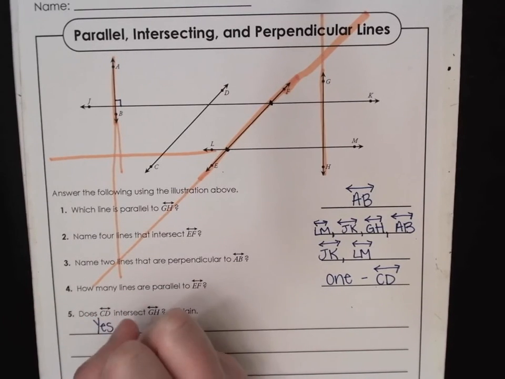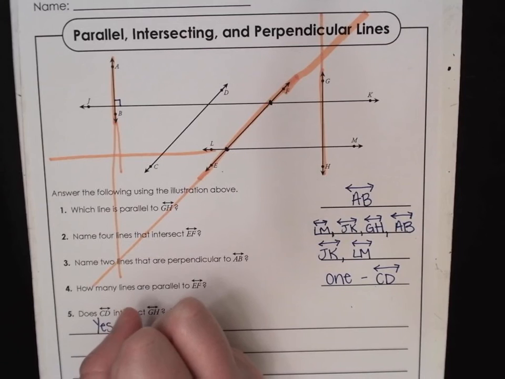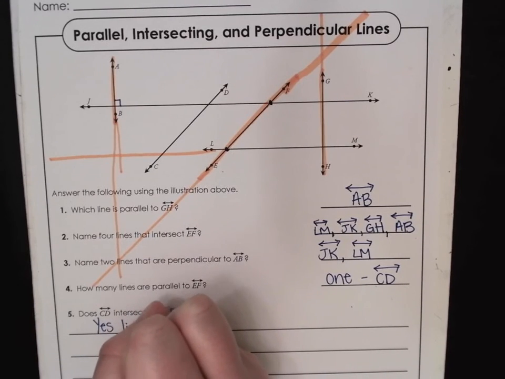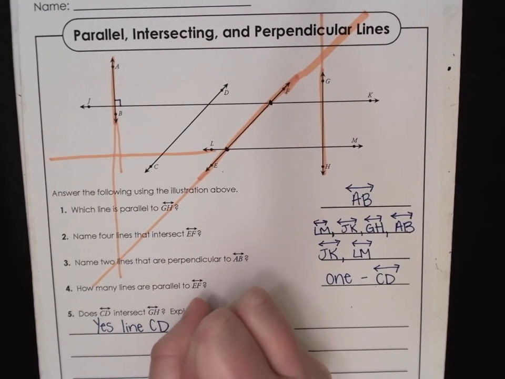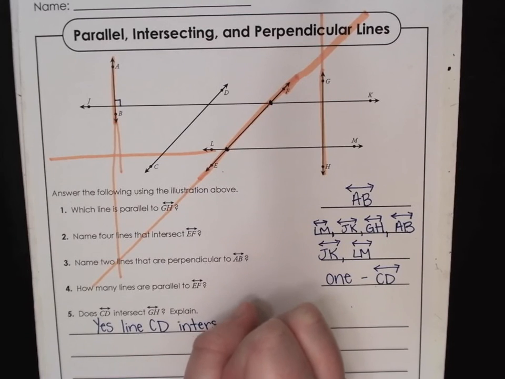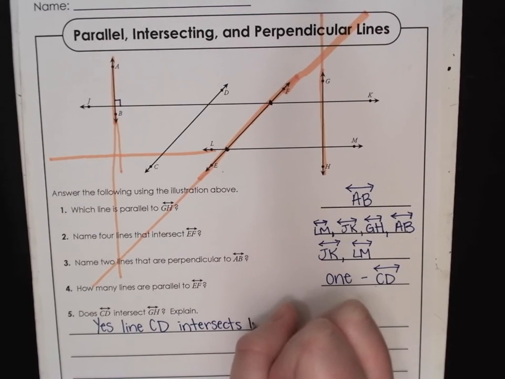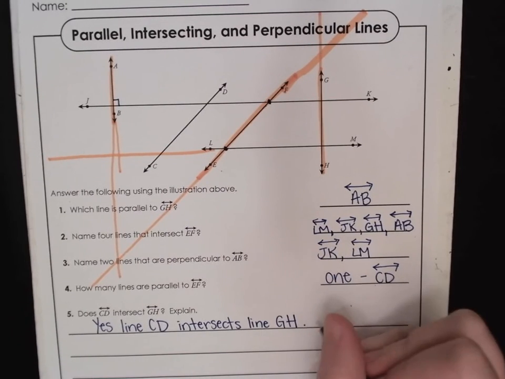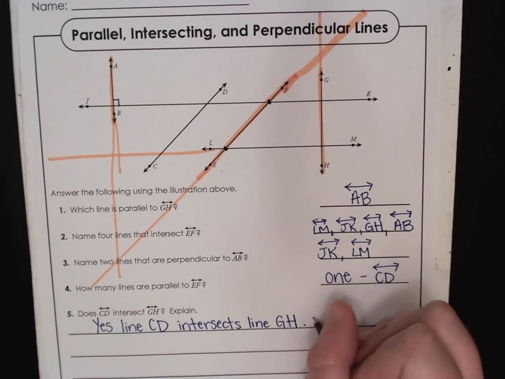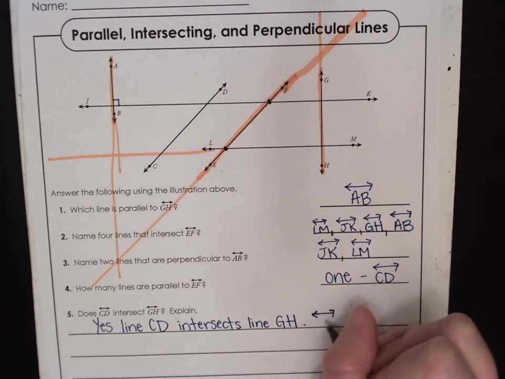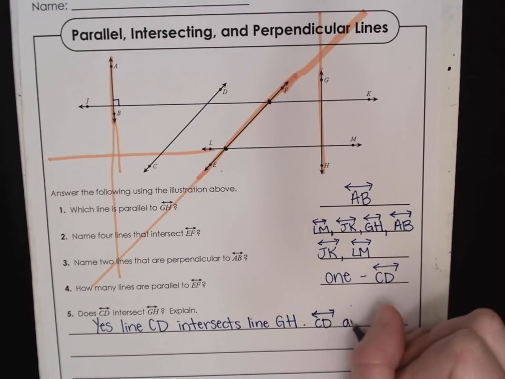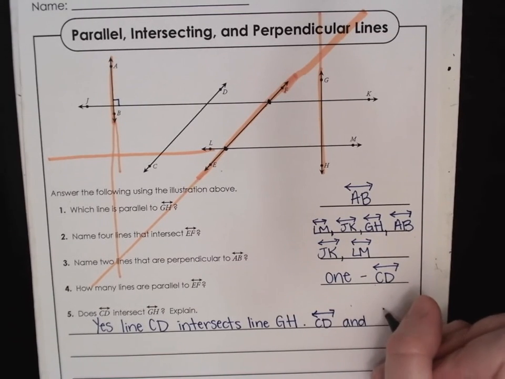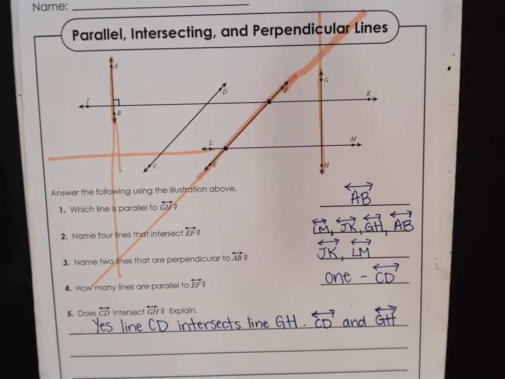So yes, line CD intersects GH. So lines CD and GH continue in both directions forever, and they will eventually cross.